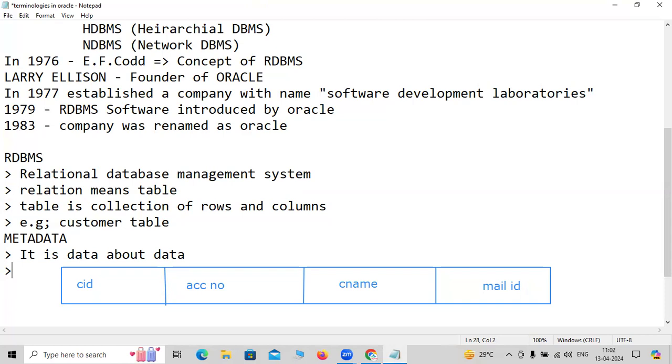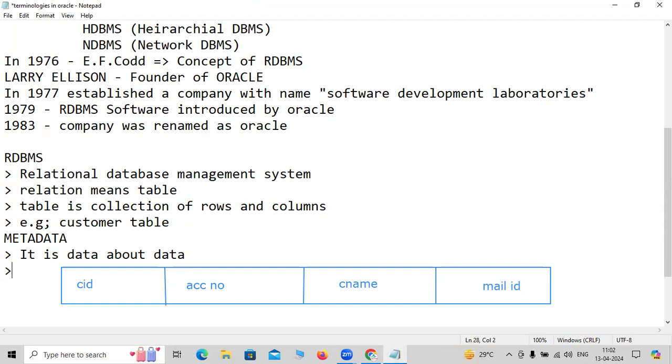So while creating a table, we have customer ID. So what type of data type is it having? So customer ID will have generally a number, or a combination of character and number. So it can be character plus number, or it can be a number simply.